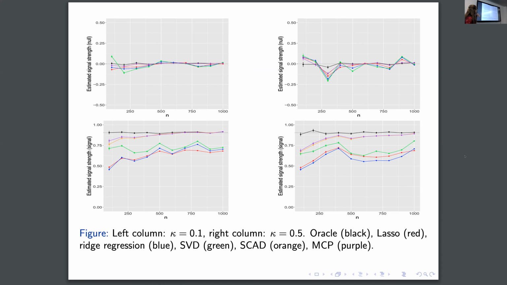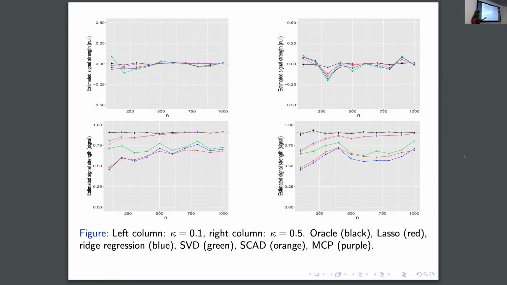From the first plot, you've got the average estimated signal strength for a null variable. All of our estimators characterize that signal strength quite well. They're all quite close to 0 on average. You can also look at the estimated signal strength for a signal variable. I've marked with the dashed line the true signal strength, which was 0.9.